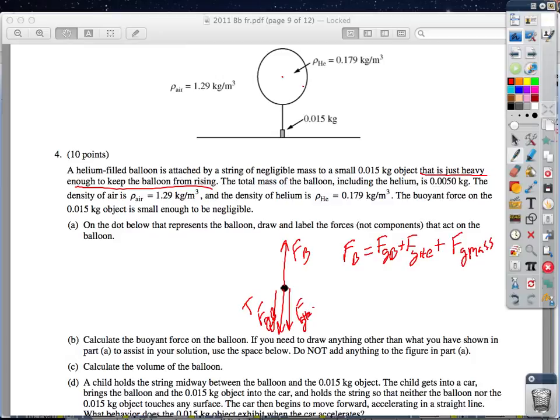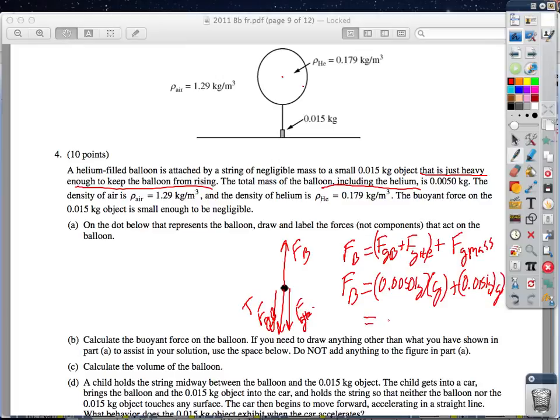Does it give you the total mass of the balloon? Oh, including the helium. I'm sorry. So this just becomes one. We're given that. That's nice. Okay, so then we just have 0.0050 kilograms times g plus 0.015 kilograms times g.